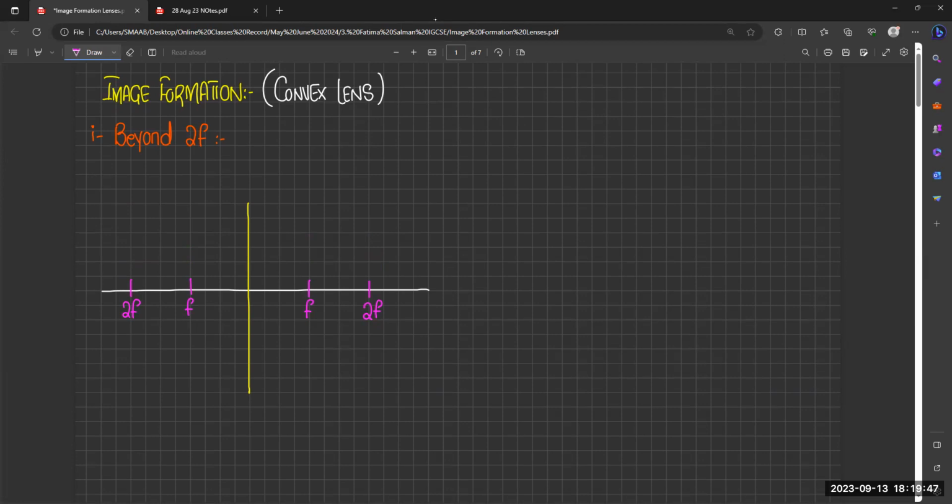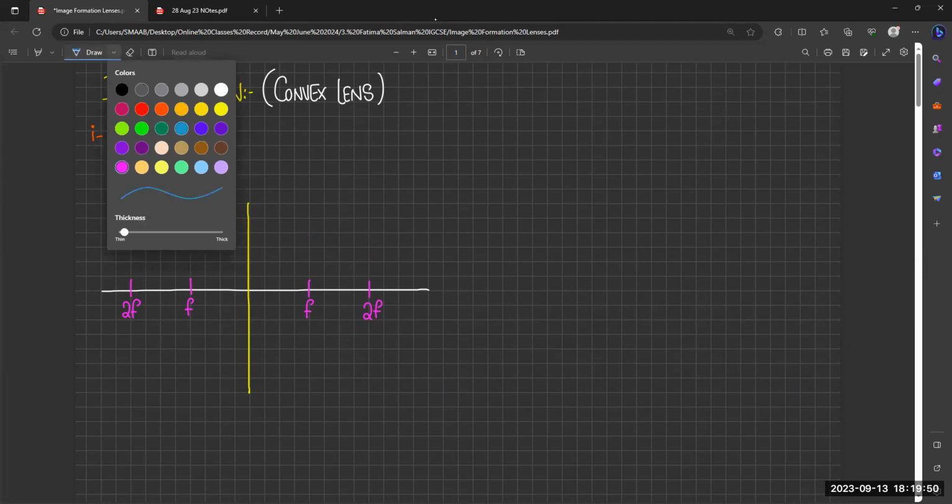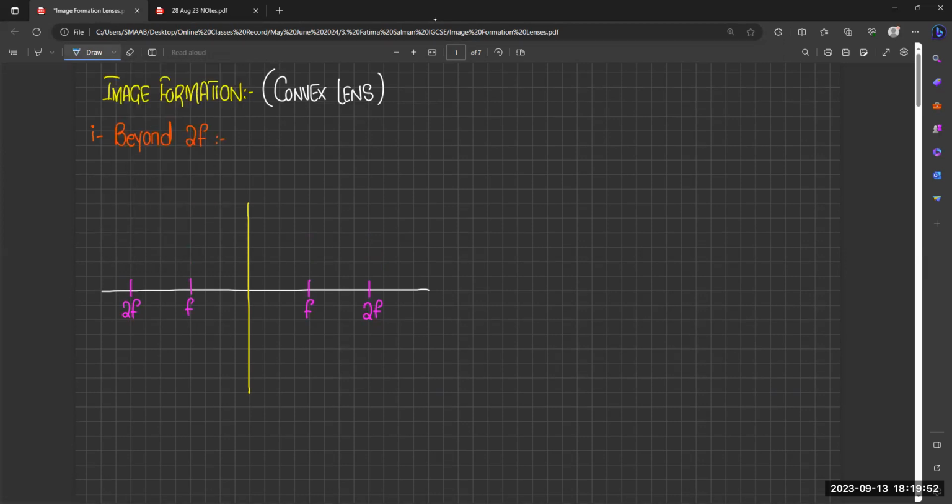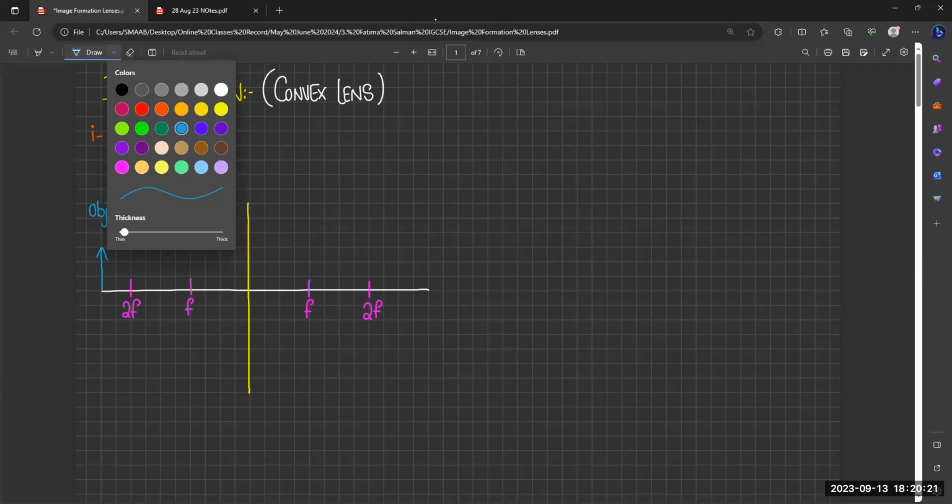And let's suppose if we place our object beyond 2f, and let's suppose this is our object, and from the object we have to consider the ray of the light passing from the object. Let's suppose first we consider the horizontal one.